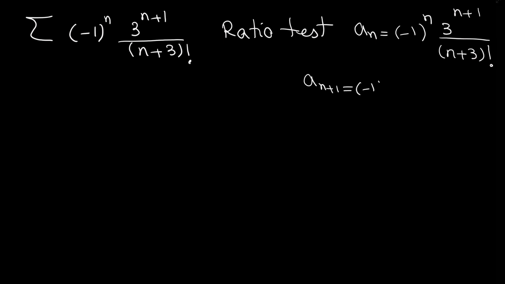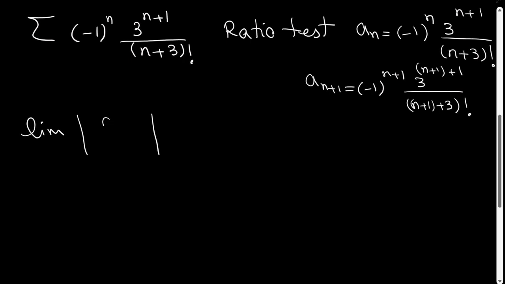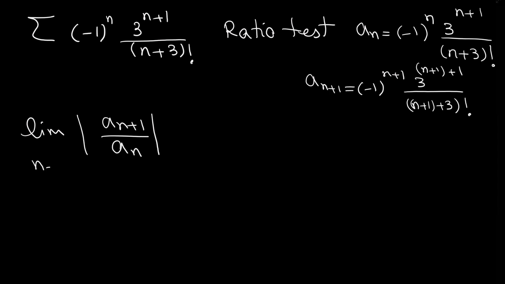So a_(n+1) is (-1)^(n+1) times 3^(n+1)... and the denominator is (n+1+3) factorial. And then we need to take the limit of the absolute value of a_(n+1) divided by a_n when n approaches infinity.